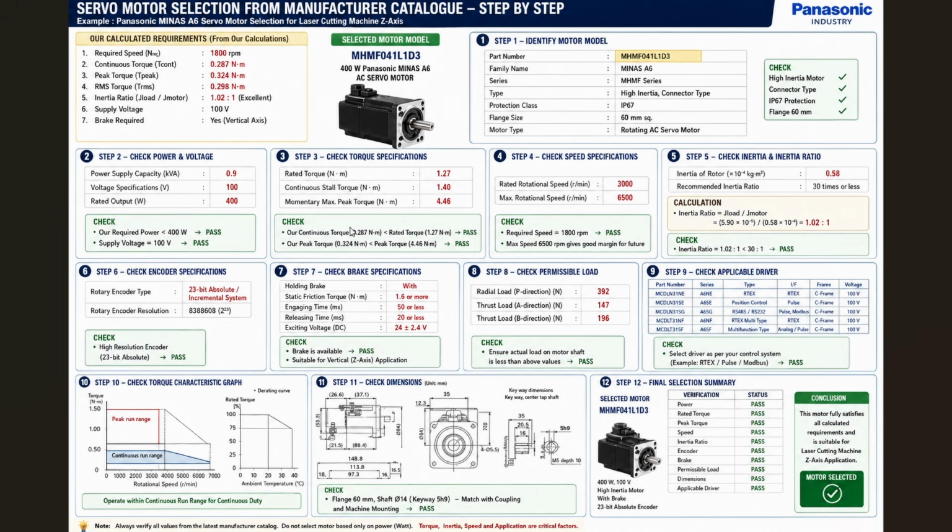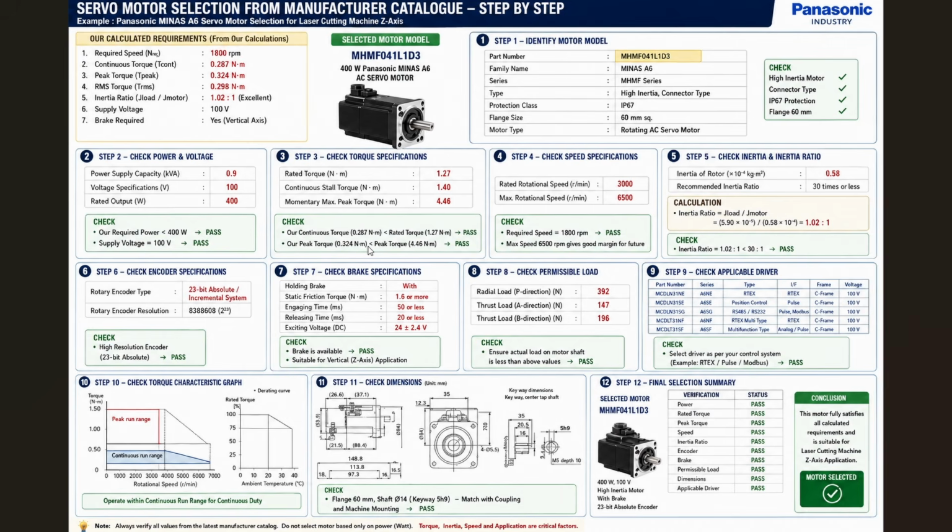As per our calculations, our continuous torque requirement is 0.287 Newton meter and rated torque requirement is 1.27 Newton meter. Our peak torque requirement is 0.324 Newton meter, which is less than 4.46 Newton meter. So the motor satisfies our torque requirements.